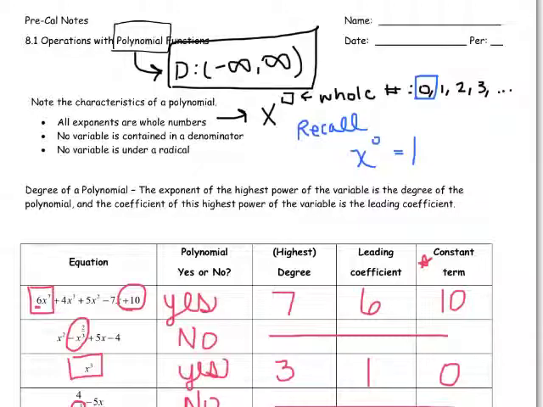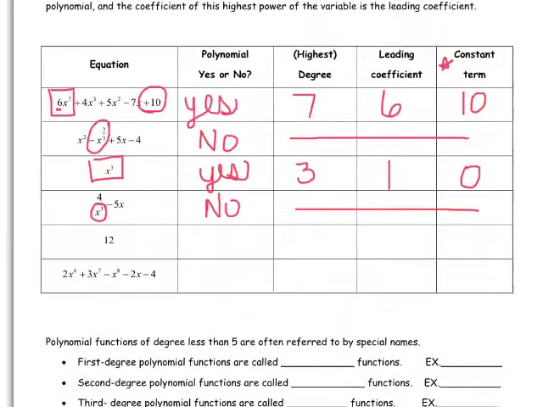So what that means for me, if I come back down here to my problem, is I could rewrite this as 12 times x to the 0. Because if x to the 0 is 1, 12 times 1 is still 12. So it's just a different way to write it. So you do have an x, and it's got a degree of 0. That's the only degree we see.